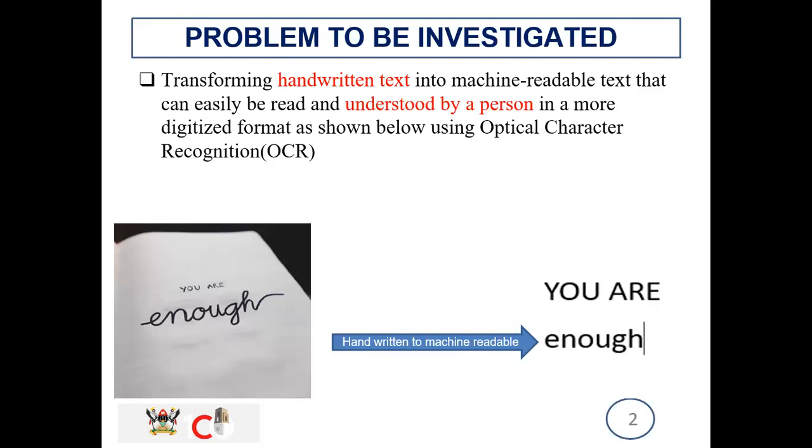Starting with the problem to be investigated, which I've kept on describing since I began working on this project. The problem is more about forgery, as someone may write something that is not understood, then using the model to train, it transforms it into machine readable text such that the real thing that person has written can come out.